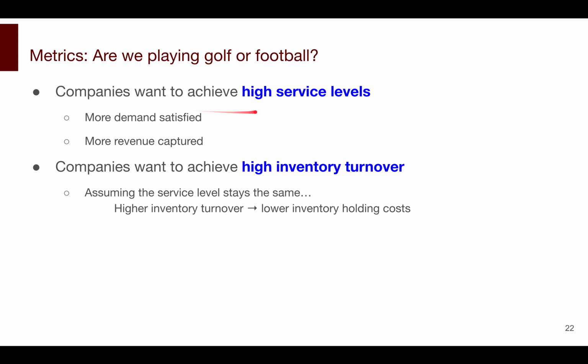So companies want to achieve high service levels because that means more demand is satisfied and more revenue is captured. Companies also want to achieve high inventory turnover. If you have the same service level, but you have higher inventory turnover, that basically means you have less inventory, a lower inventory level, and less inventory holding costs.